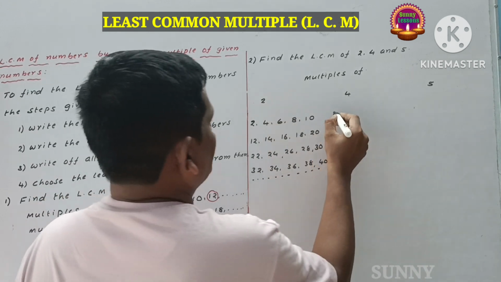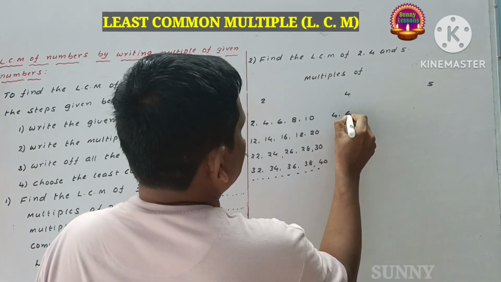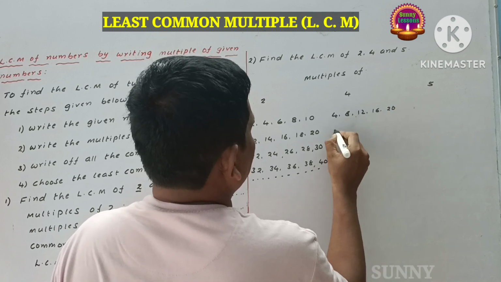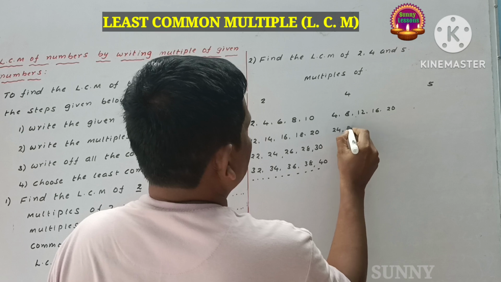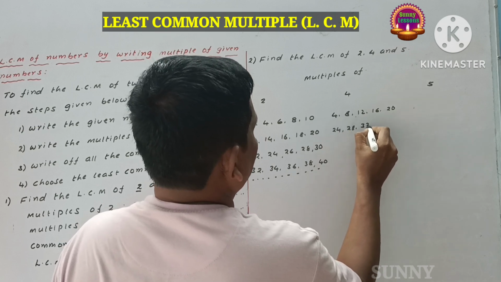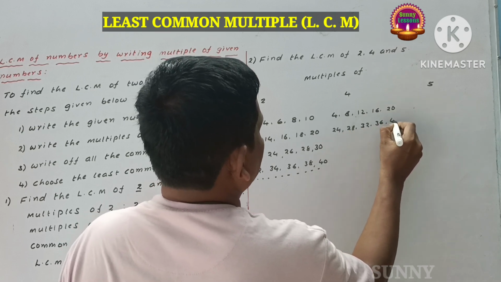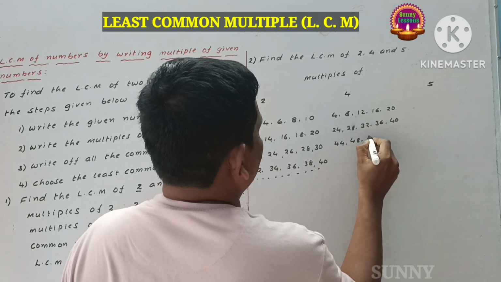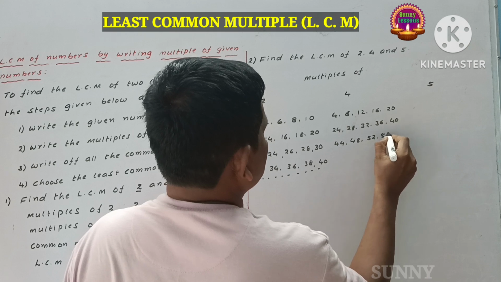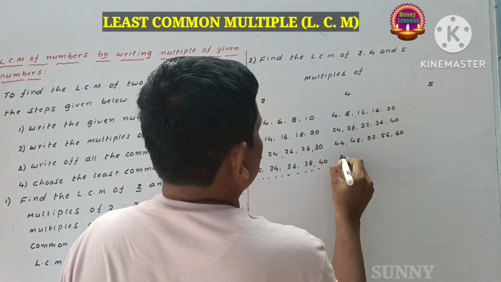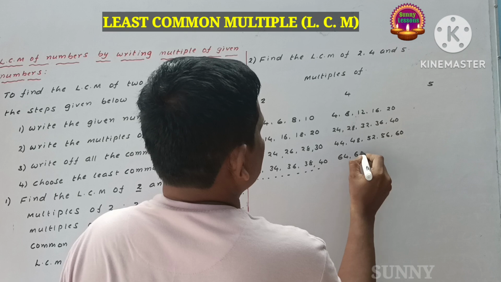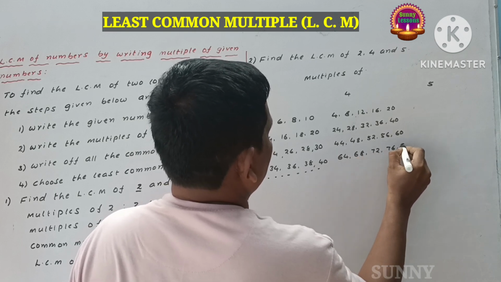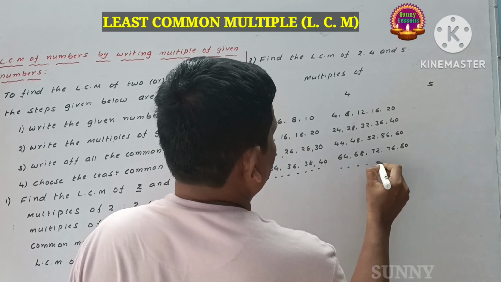Write the multiples of 4: 4, 8, 12, 16, 20, 24, 28, 32, 36, 40, 44, 48, 52, 56, 60, 64, 68, 72, 76, 80 and so on.